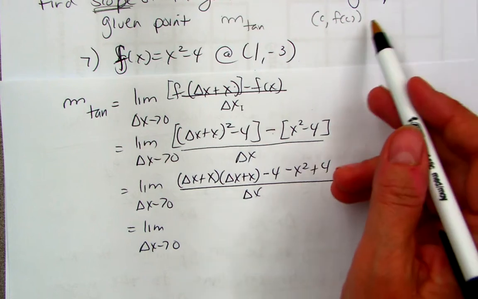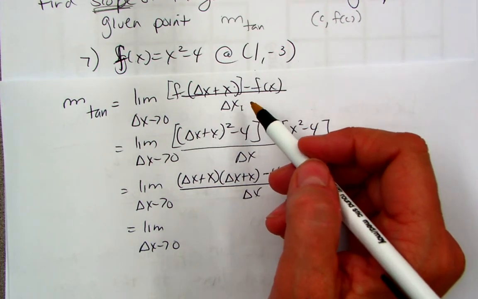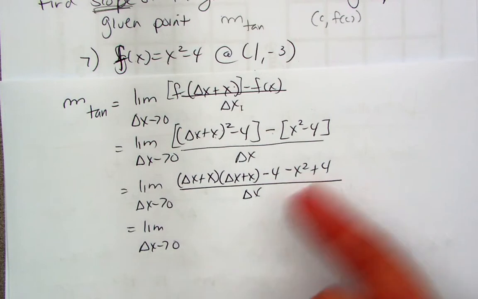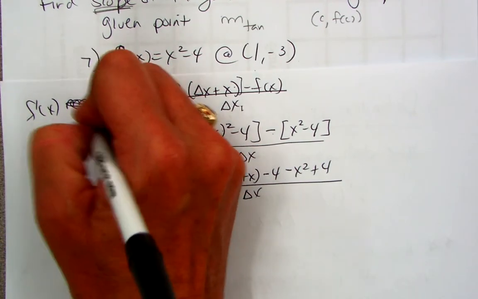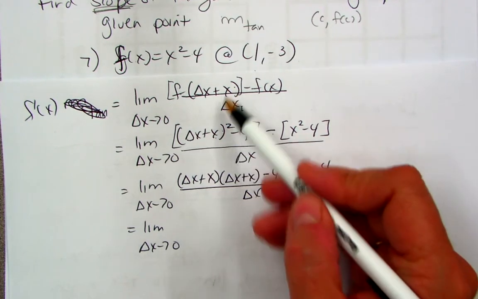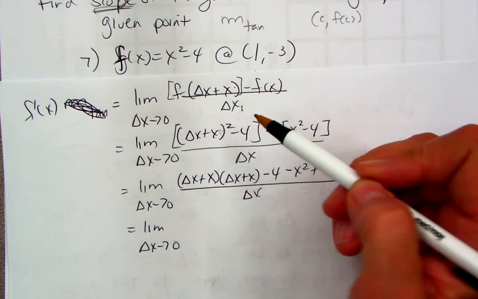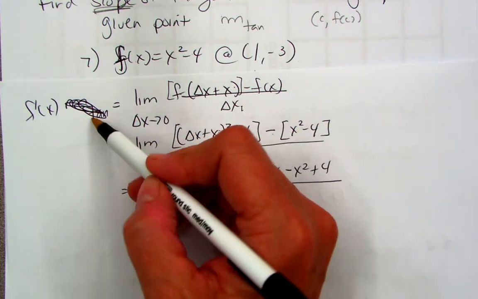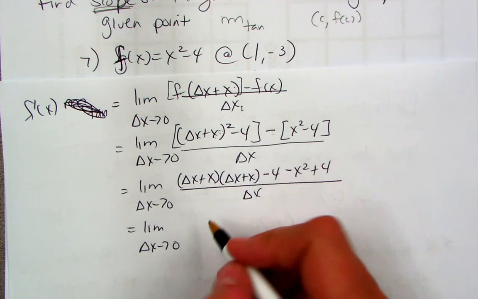Now, see, I still use the generic again. What I just noticed that I'm doing is I'm actually doing this, which is still the slope. I'm just doing it generically. I left it with an x instead of putting in the c, my 1. So I could have gone ahead and done the slope of the tangent line, and instead of x, put in a 1. Sorry about that.